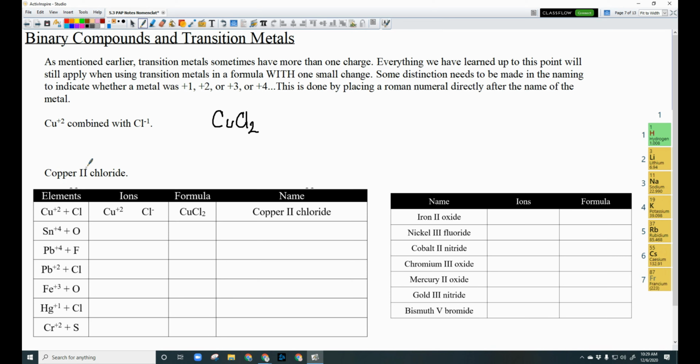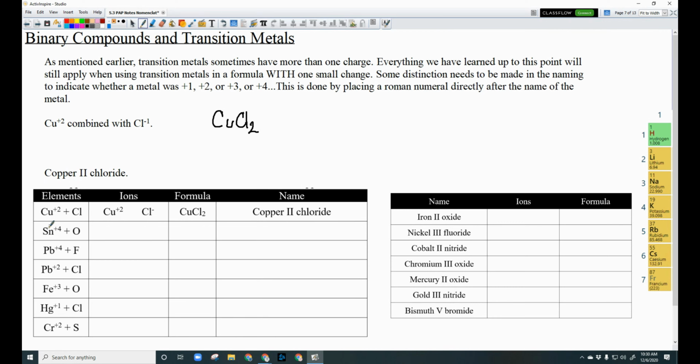So that's how we do it for transition metals. You have to know the transition metals, or be able to recognize them. And this applies also to the inner transition metals. Now remember, the inner transition metals are underneath the stair step, but they're not in the block of transition metals.